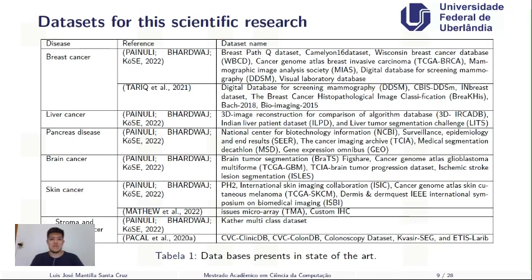And the databases for this scientific research: we have many sources on the internet, many of them available to download. However, the most interesting ones are for breast cancer. Basically, it's raw data, and some of these databases are labeled.